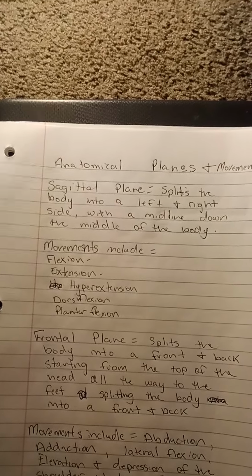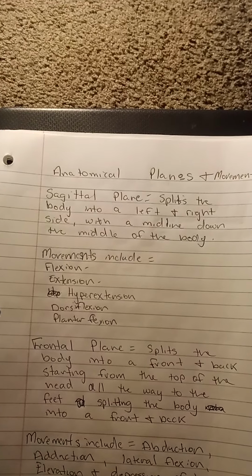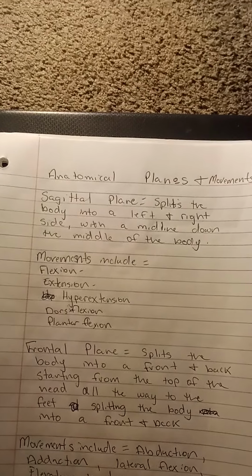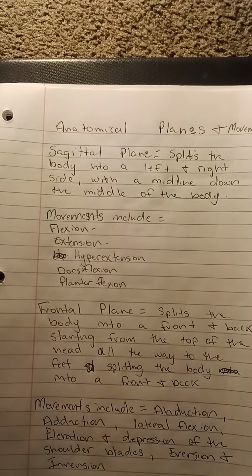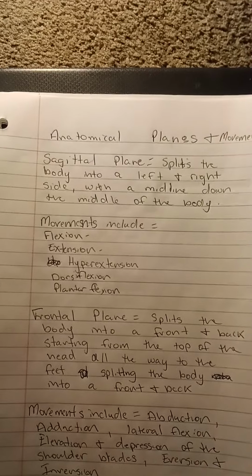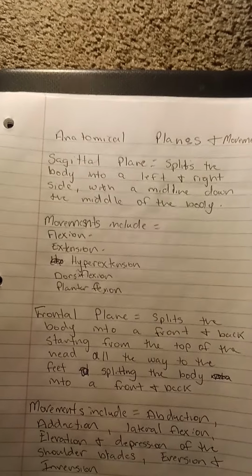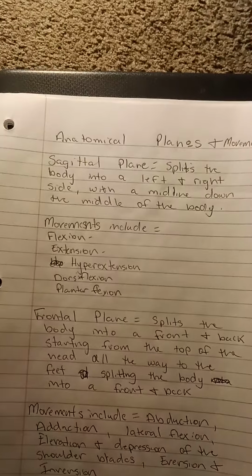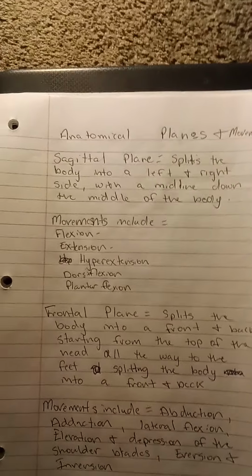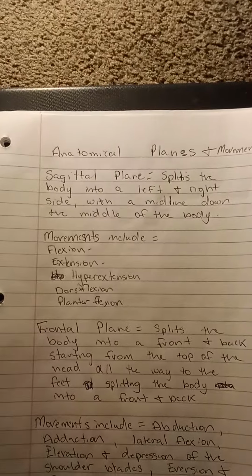Hyperextension is your arms extended to the back. Dorsiflexion is with the base of your foot planted on the ground with your toes in the air, and plantar flexion is your toes on the ground with the heel of your foot in the air.